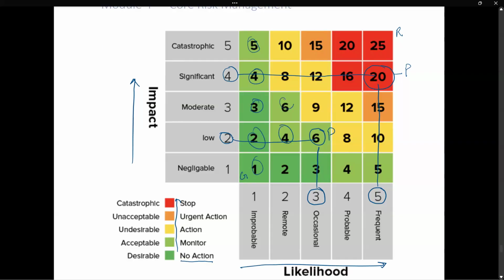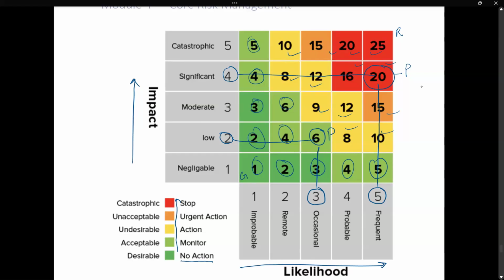You can just monitor them. No need to take any action because these risks will not have much impact on your organization even if that particular incident happens. So anything going beyond this greener area, you need to account for all of these.